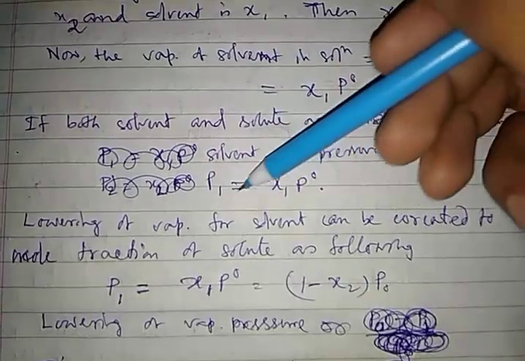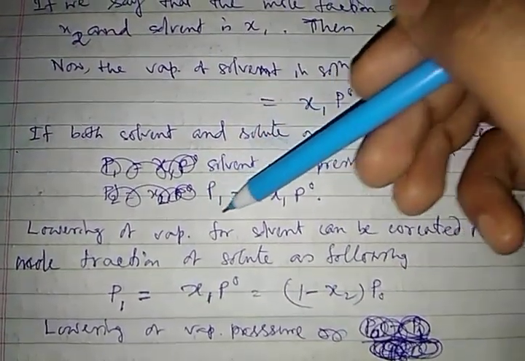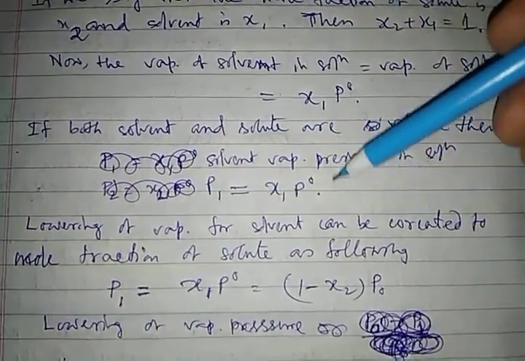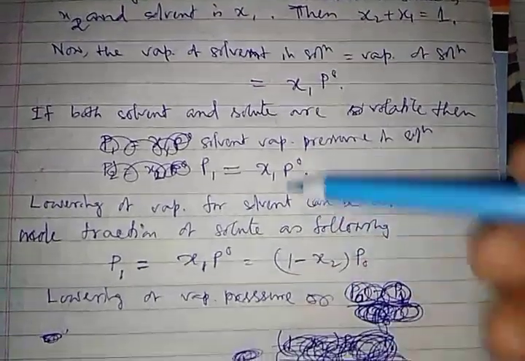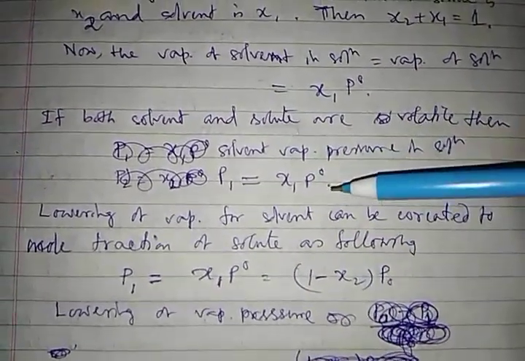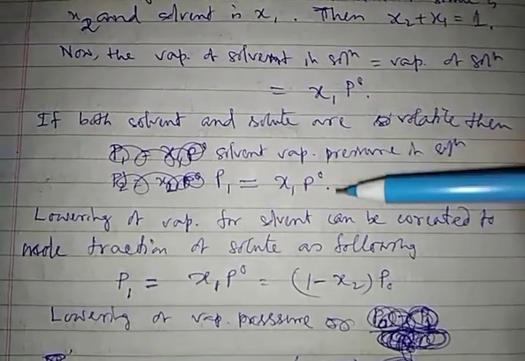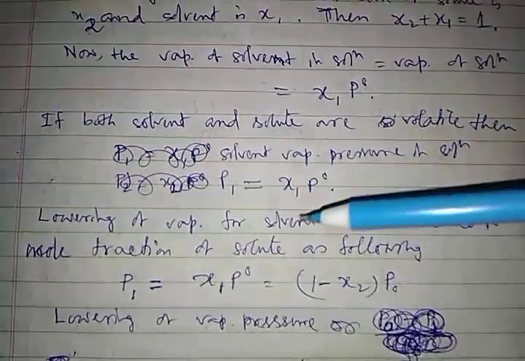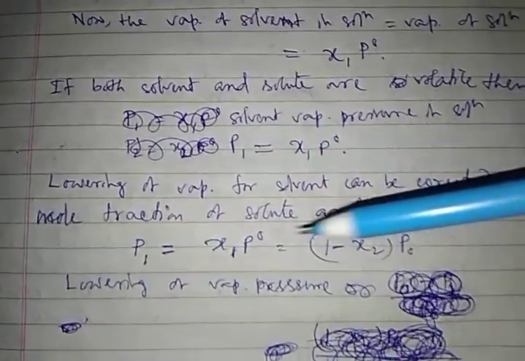So whatever vapor pressure we notice in the solution will always be less than the vapor pressure in a pure solvent. So we are considering that there is a lowering of vapor pressure when we add some non-volatile solute to a pure solvent. And what will be the extent of this vapor pressure lowering?